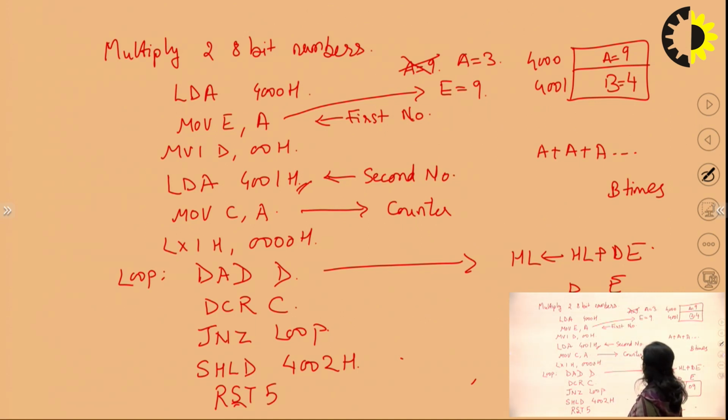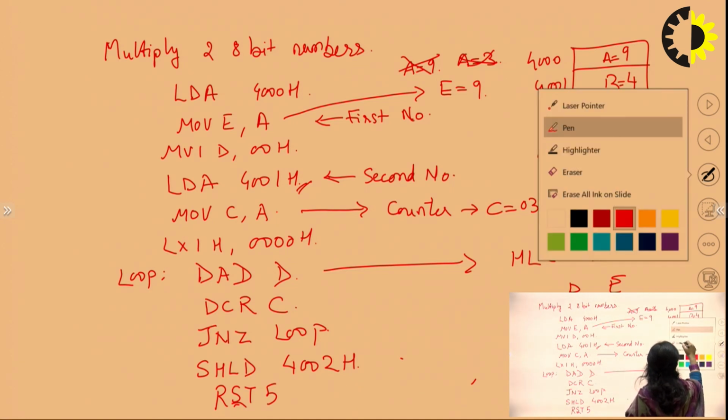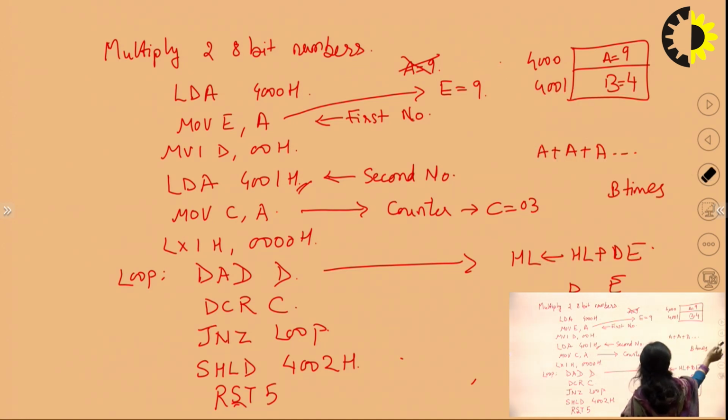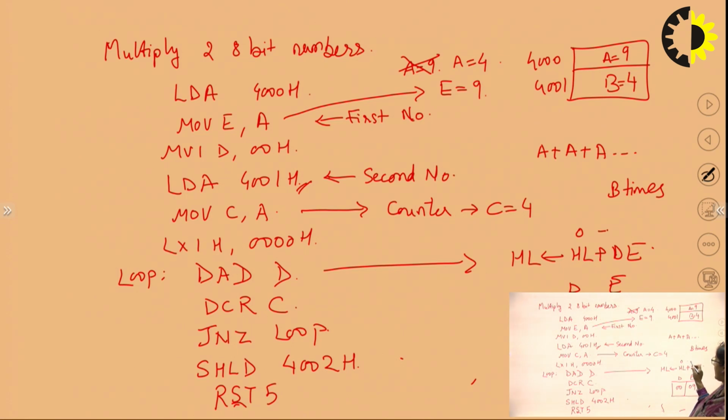So C equals 4. Now the LXI H pair has 0 0. So from this DAD D instruction, the 0 will be added with 9 and the result will be stored in HL.